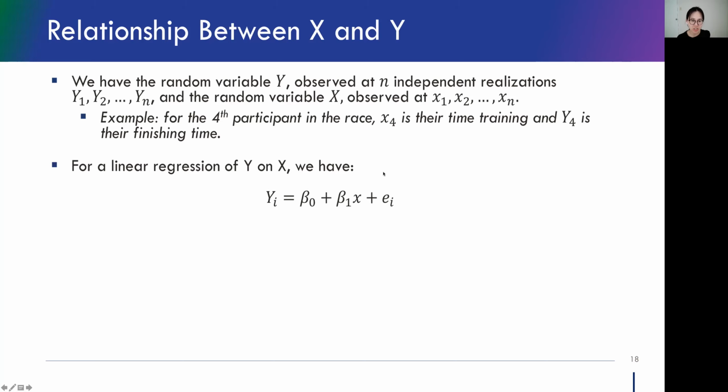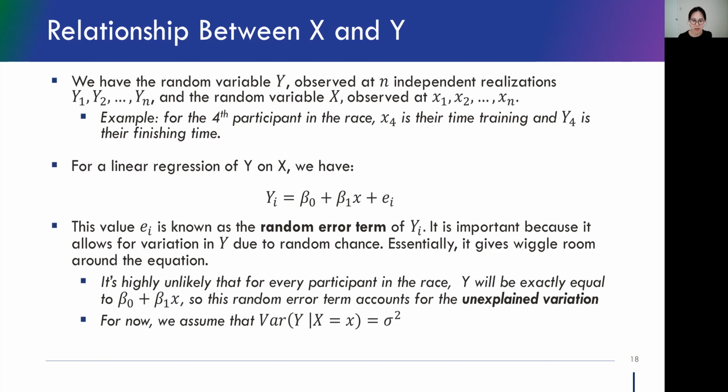And for a linear relationship of y on x, we have yi equals beta 0 plus beta 1 times xi. Oh, I think there should be an xi here. Sorry for this typo. I'll correct that before I post the slides online.